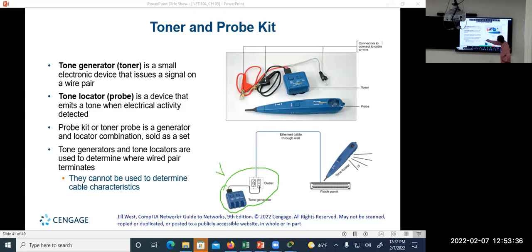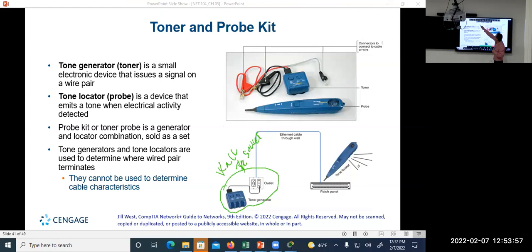So here's one socket. You have to trace the cable from that socket to the data center, and in the data center you have 100 cables running down, and you don't know which one it is.